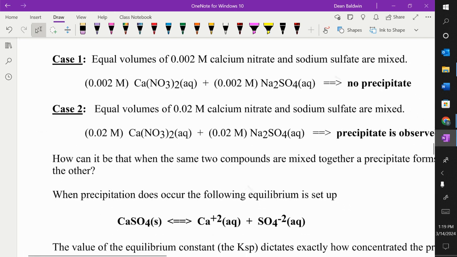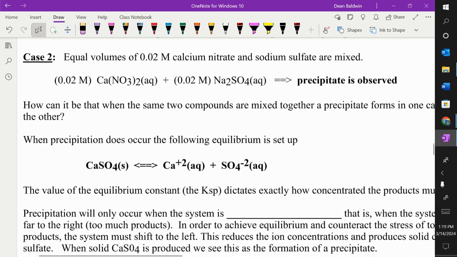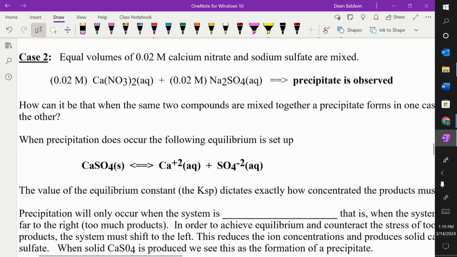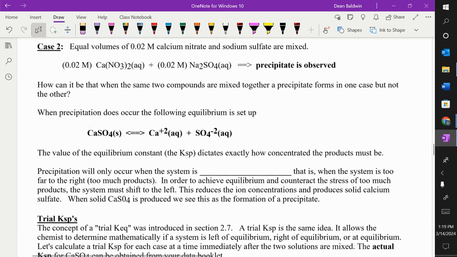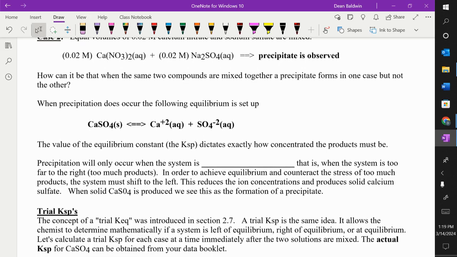So, how do you know if precipitate occurs or not? It's the KSP. All right, so a precipitation will only occur when the solution or the system is supersaturated. So when you've gone past the saturation point, then you start to get a precipitate.